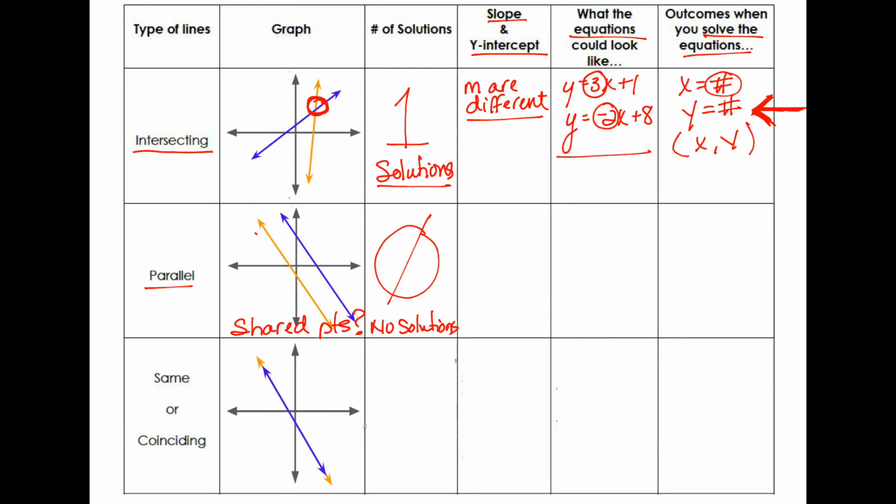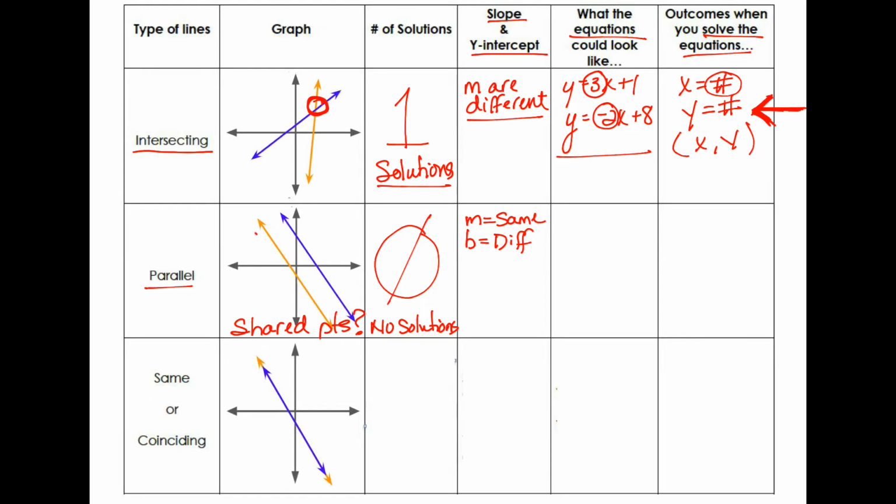And what does that look like in terms of their slope and their y-intercept? Two parallel lines have to have the same exact slope. But in addition to the same slope, they must have different y-intercepts. If they had the same slope and the same y-intercept, it would be the same line. And we'll look at that in the next case down below.